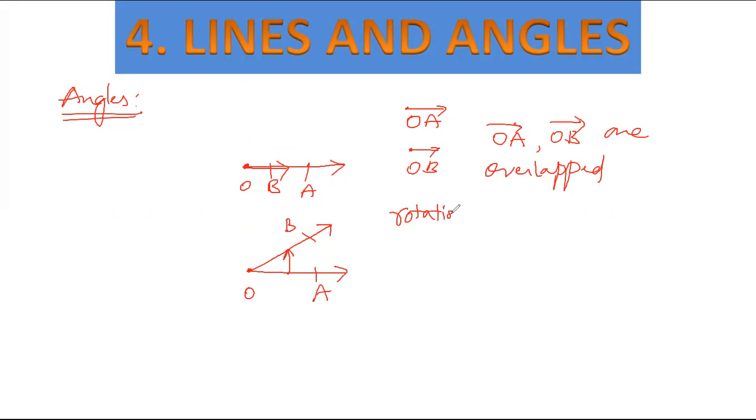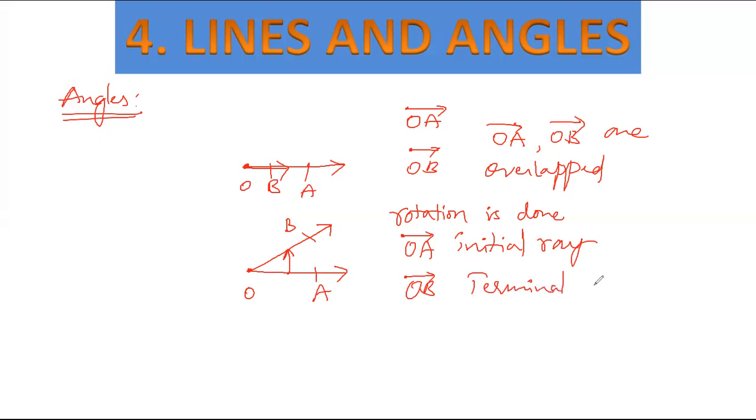So here I will say OA is initial ray, OB is terminal ray.